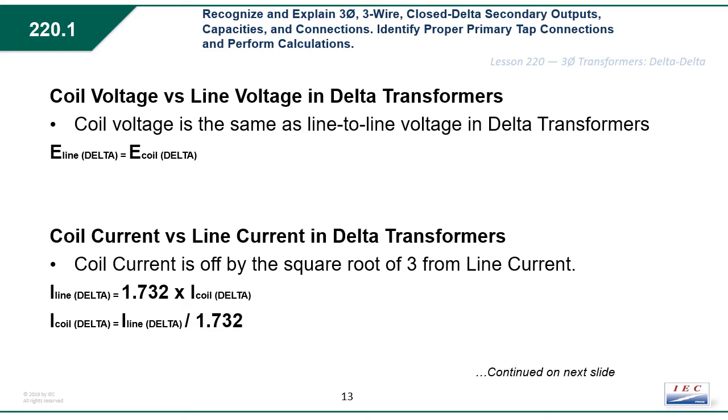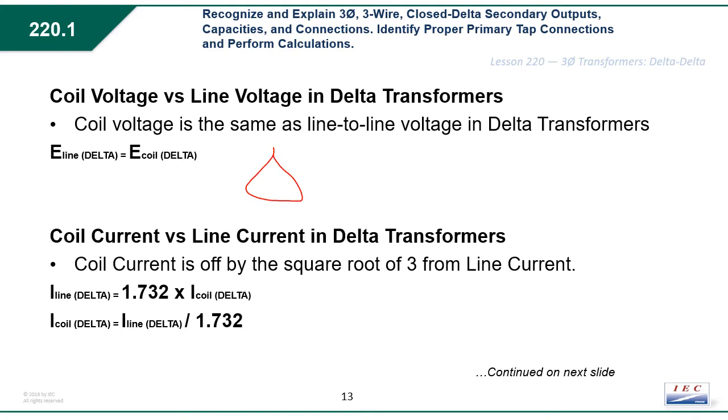For a delta connected transformer, the coil voltage versus line voltage: coil voltage is the same as line-to-line voltage in delta transformers, meaning if I've got line-to-line voltage, it's going to equal the same as end of coil to end of coil voltage in a delta transformer. So if I've got a delta transformer, let me draw this out here.